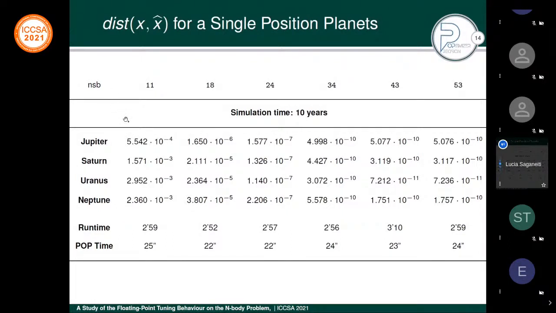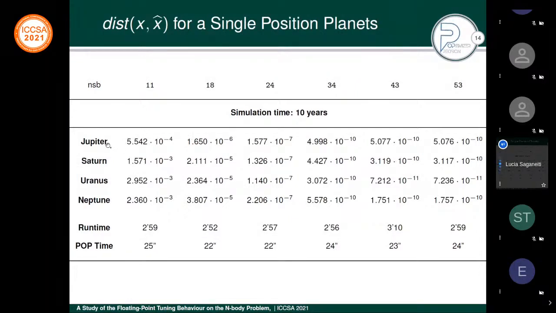These measurements were taken for only one single precision of the planets and after 10 years of simulation. The results that we show here are really good.